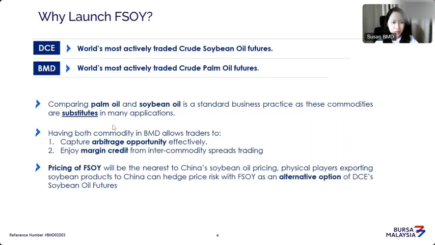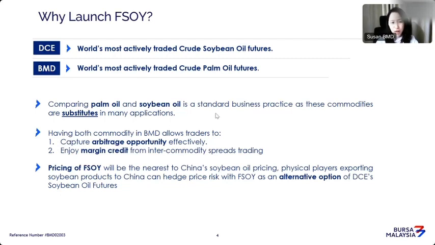While for BMD, we have the world's most actively traded crude palm oil futures. So with this combination, we are taking the DCE's soybean oil futures, licensing their futures, and putting it on BMD to trade, settling with their final settlement price converted to US dollar. This means our traders will have the benefit of access to the Chinese soybean oil pricing in one exchange, which is BMD.